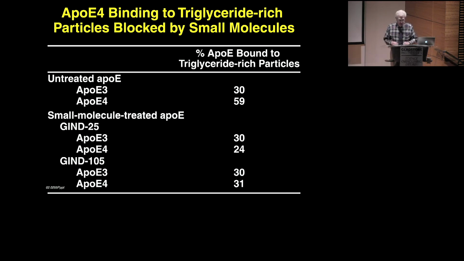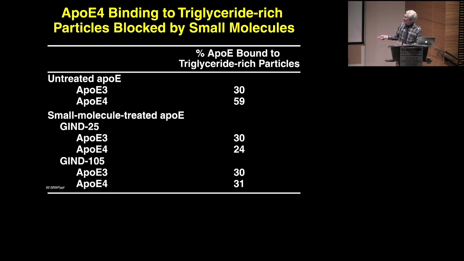So here's a table. Again, I apologize for all the ApoE, but it's what I have easiest to show you. And so here, actually, we're looking at ApoE binding to fat-rich lipid particles. And what this table shows is that ApoE4 binds to a much greater extent than does ApoE3.